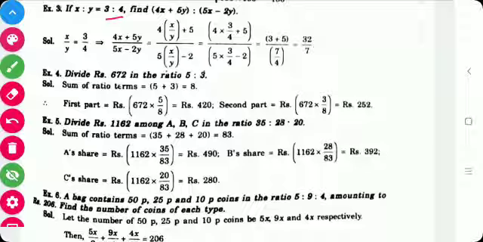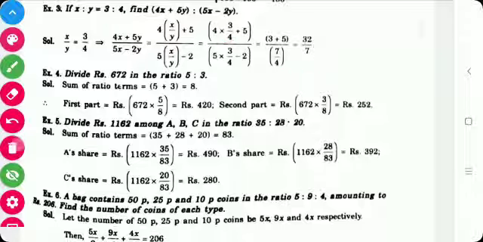So it is 4 into 3 by 4 plus 1, over 5 into 3 by 4 minus 2. The 4 cancels, so it is 3 plus 1 over 15 by 4 minus 2, which is 7 by 4. So 4 into 8 is 32 by 7.